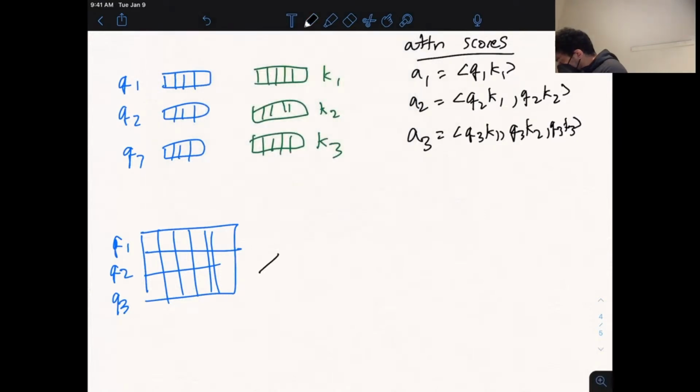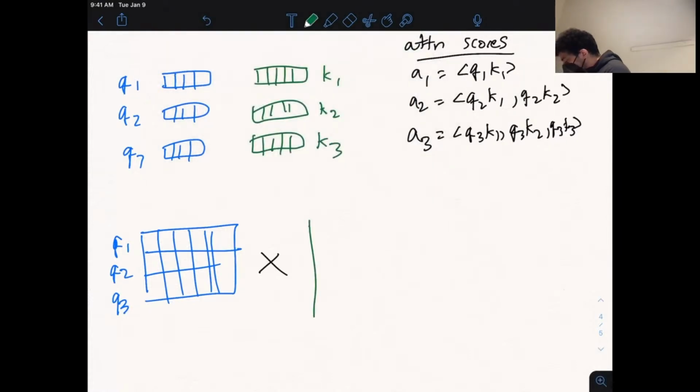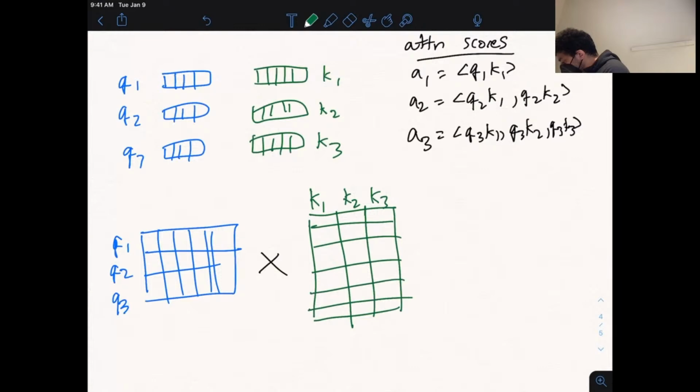And I can multiply this by the transpose of the key matrix, where the columns contain each of the keys. So what happens if I do this? I basically compute all of the dot products that I want in parallel in one matrix multiplication.